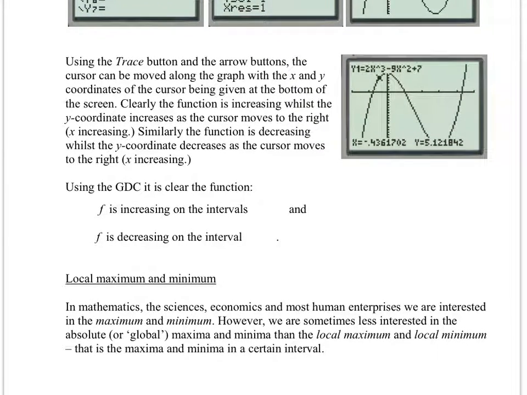And so the cursor is this kind of cross here, and you'll be able to see approximately what the x and the y coordinate of the cursor is. So you can move that cursor way up to the top. And if you do move it all the way up to the top, you begin to see what the coordinates of the point are, or at least you can give a good guess for those coordinates.